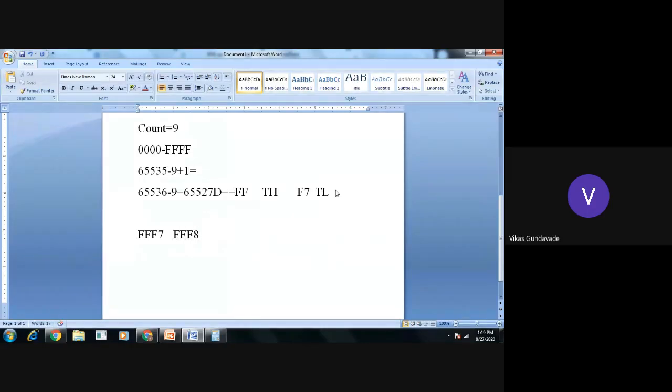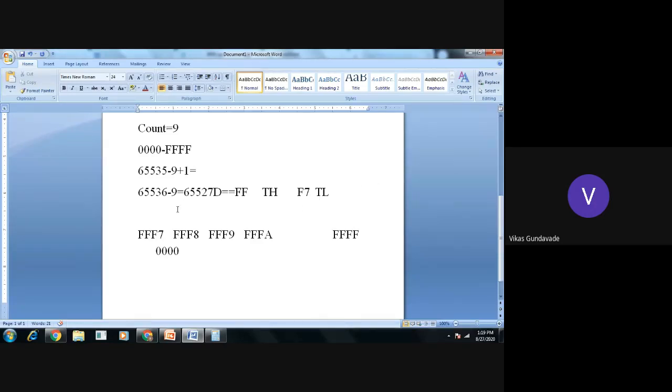Then the next count will be FFF9, and so on, up to how much? FFFF. That will be the maximum. After that, the next count will be 0000 as it overflows, and it will set the TF0.